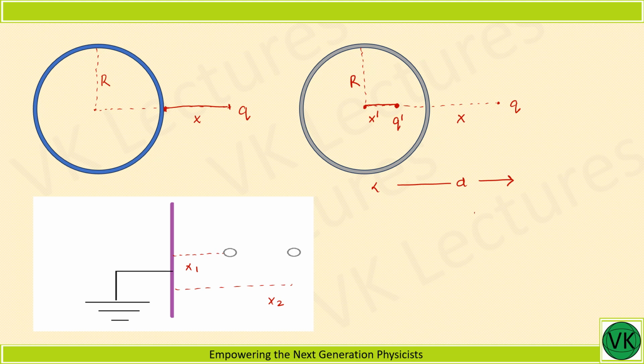Then we have to draw an imaginary extended boundary, and the image charges have to be placed at equal distances. These are q1 and q2, and these are q1 dash and q2 dash, which are the imaginary charges for q1 and q2.